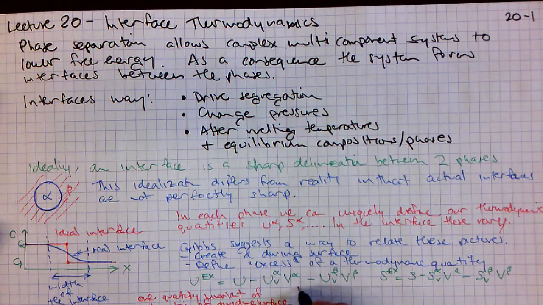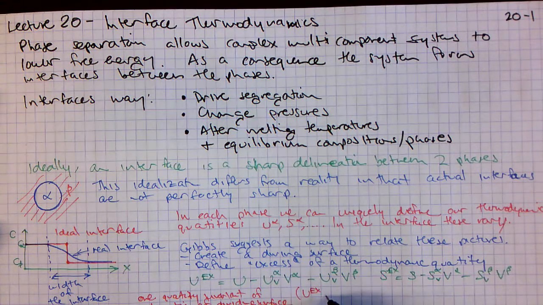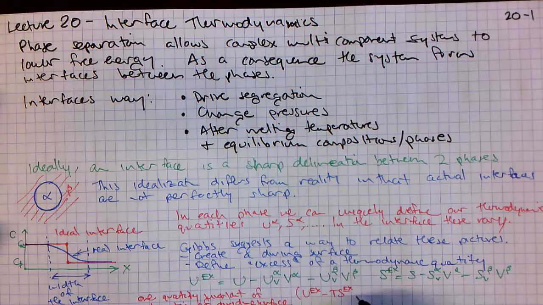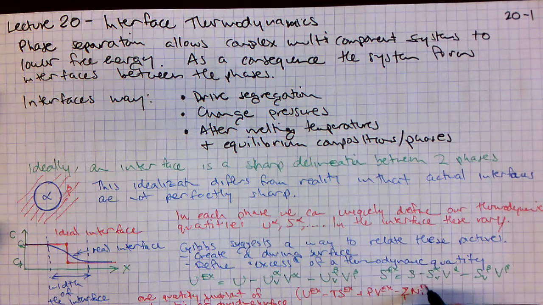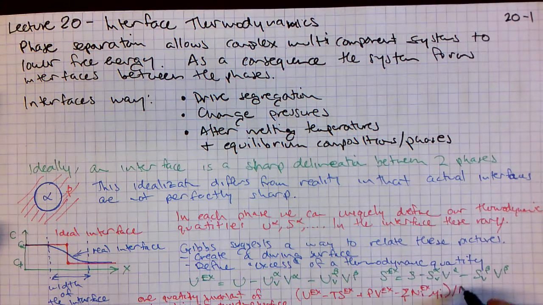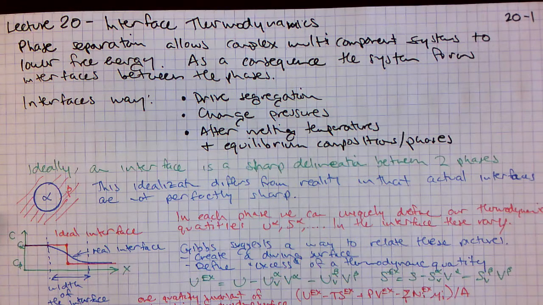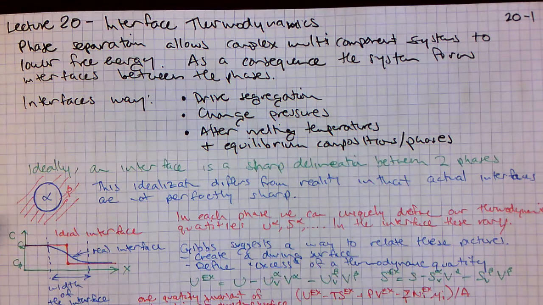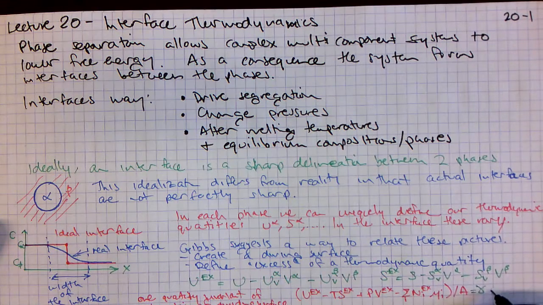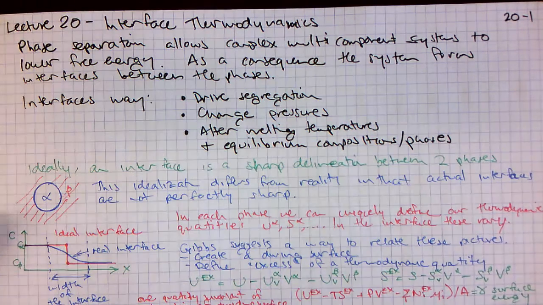And that would be the excess energy minus T times the excess entropy plus P times the excess volume minus the sum over all components of the excess number times the chemical potential of each, divided by the area. So this is an invariant quantity, doesn't depend on where we put our dividing surface, and that is going to be how we define the surface energy, which we'll call gamma. Okay.